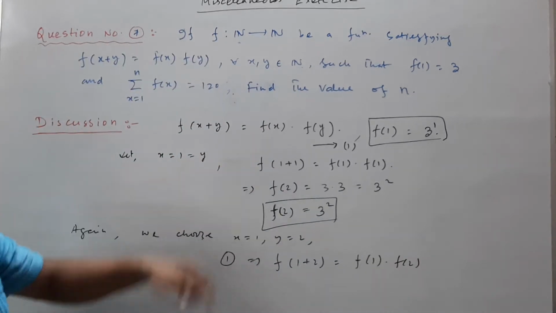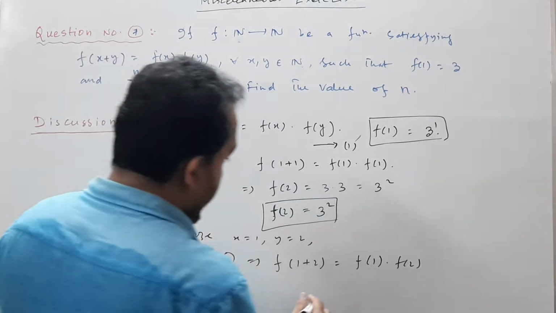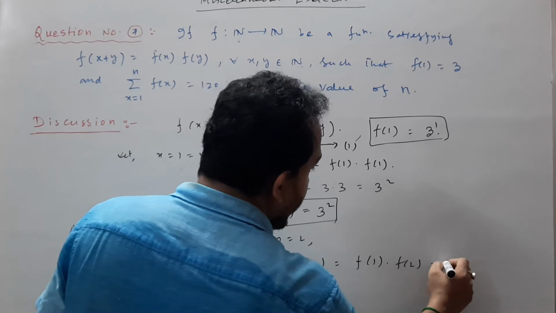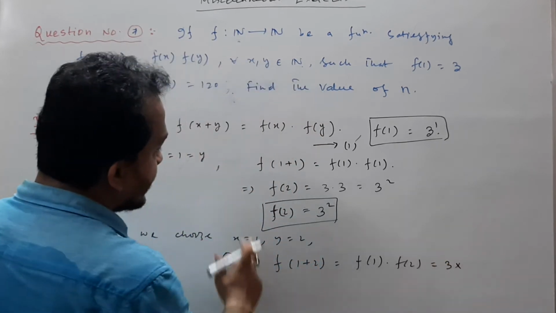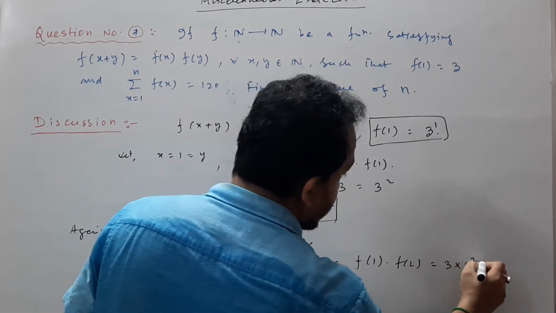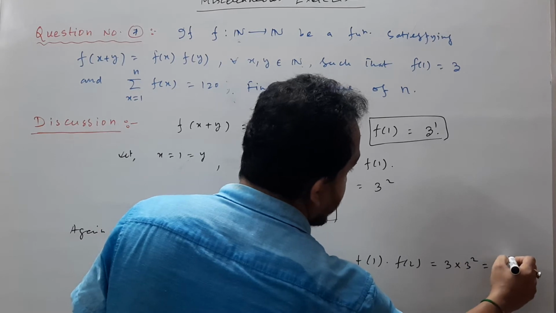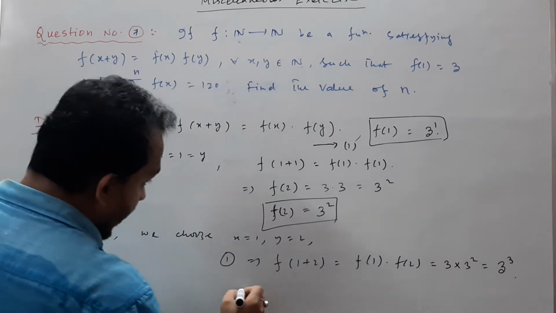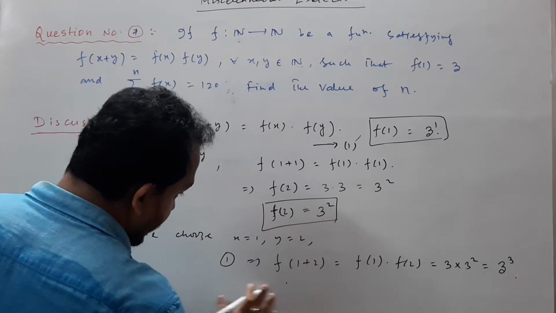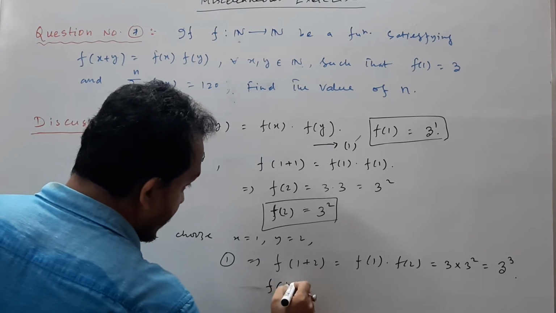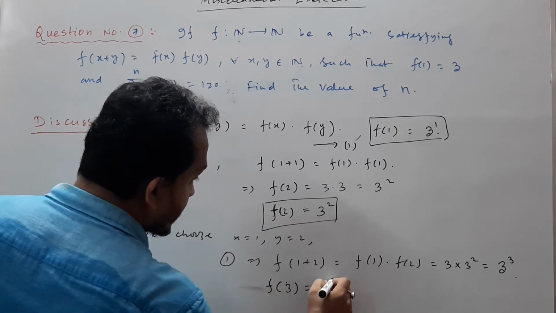From relation 1 we get this, and then f(1) = 3 and f(2) = 3 square, that is we got 3 cube. Thus we got f(3) = 3 power 3.